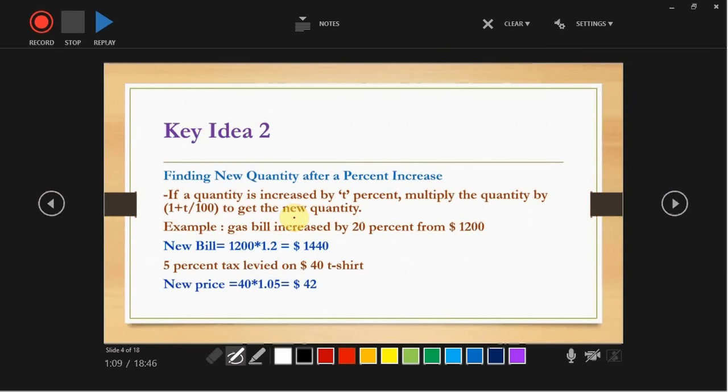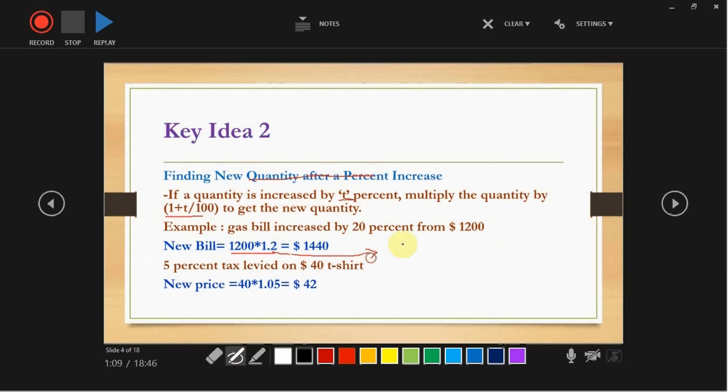Key idea 2 is related to finding the new quantity after a percent increase. If a quantity is increased by T%, to get the new quantity, we multiply the original quantity by 1 plus T over 100. For example, if a gas bill is increased by 20% from 1200, the new quantity will be 1200 into 1.2.